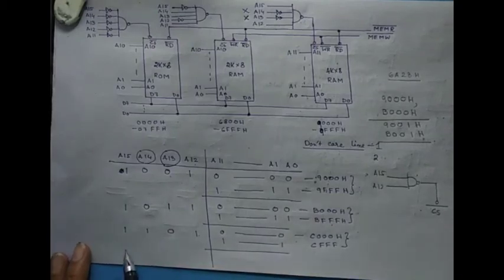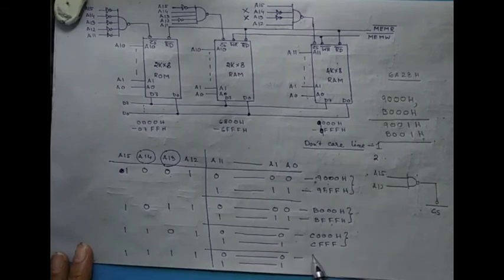And if I put 1, 1 for these 2 don't care address bits, then the address range will be F000 hex to FFFF hex.